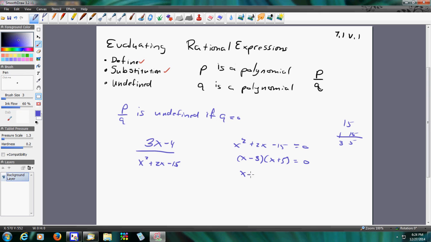So I'm going to say x minus 3 equals 0, or x plus 5 equals 0. Add 3 to both sides, and subtract 5 from both sides. I get x equals 3, or x equals negative 5. And if you plug these values in to this, they'll equal 0.